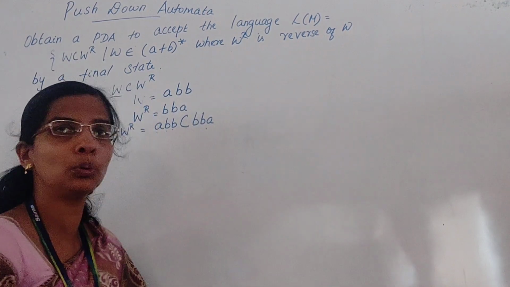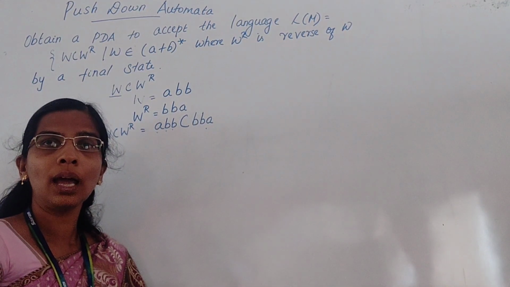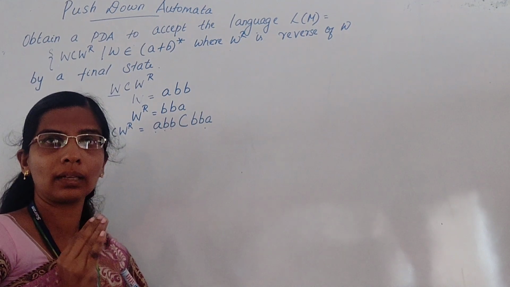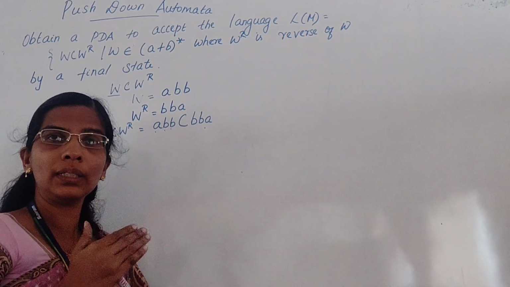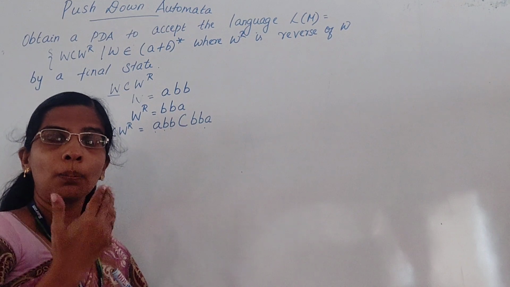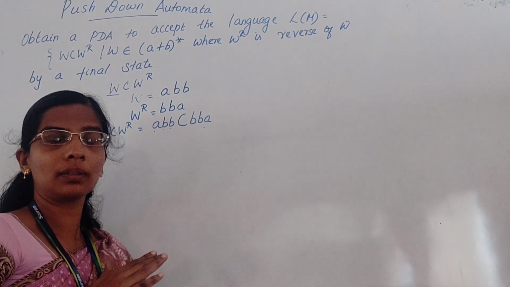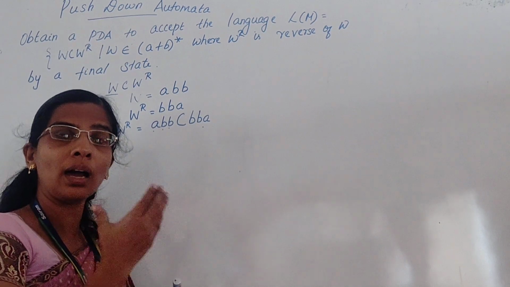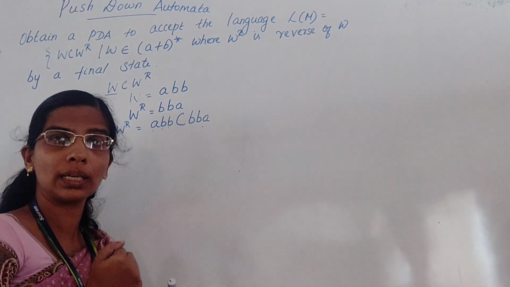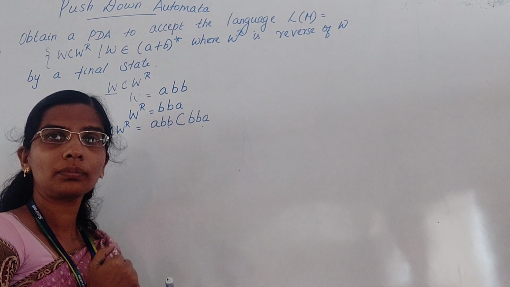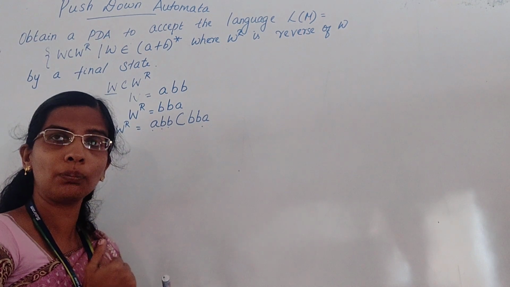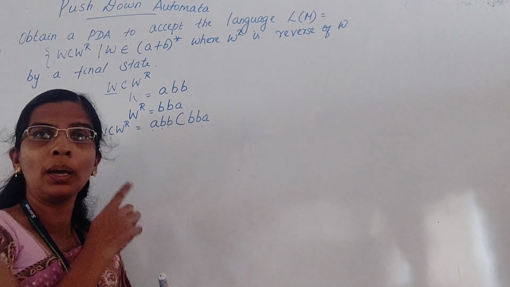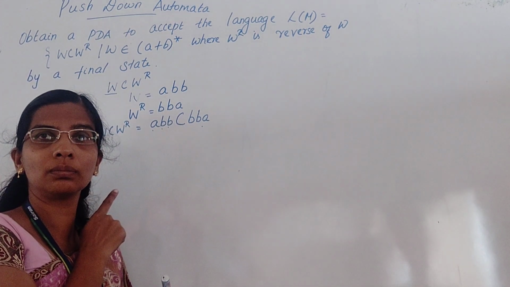Now what I will do in this push down automata is, as I told, a finite state machine with a stack. With this stack I can perform push and pop operations. So when you take the language, the first half I push inside my stack, and the second half I should pop, matching the condition.